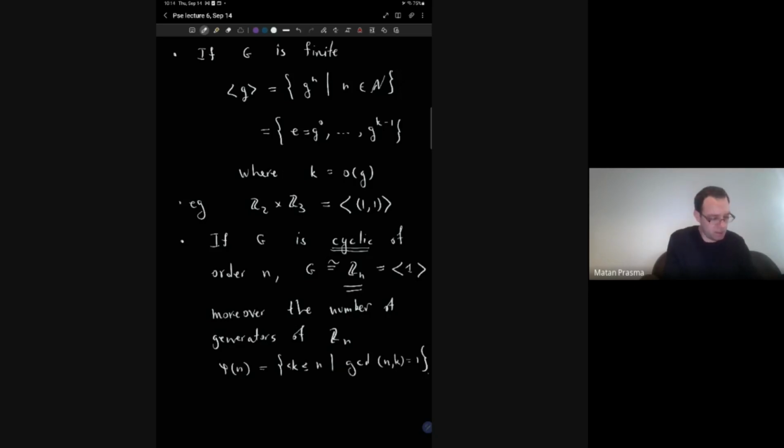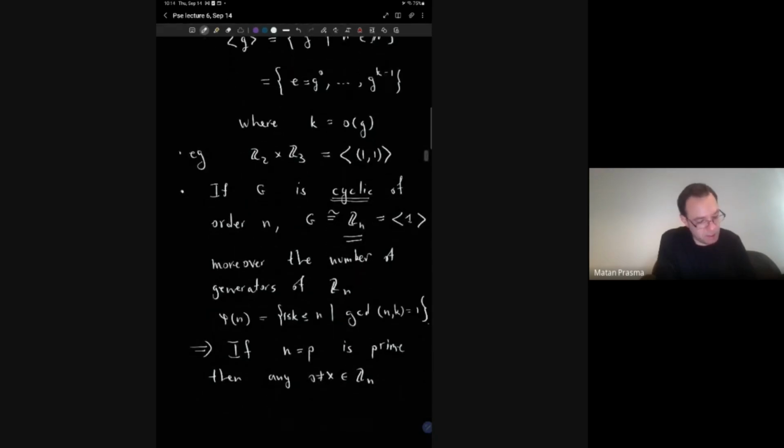And this has an immediate implication if n is some prime p. Then any x in Zp which is not 0 is a generator.